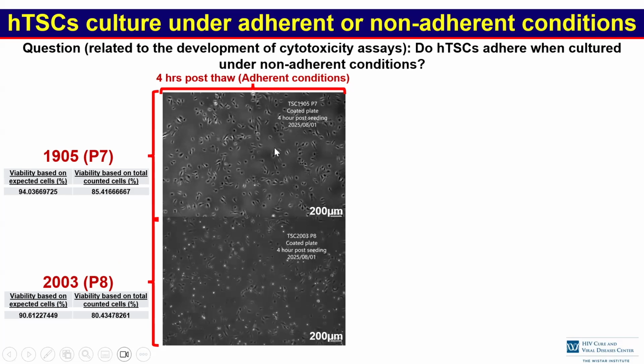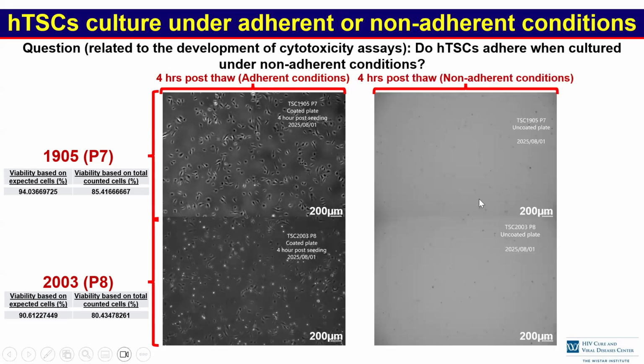We cultured them for 4 hours under adherent conditions in a flask, but we also cultured them under non-adherent conditions. We saw that they were not adhering, but they were still viable. Now we want to see if we leave those non-adherent cells for a longer time, whether they are going to be okay.